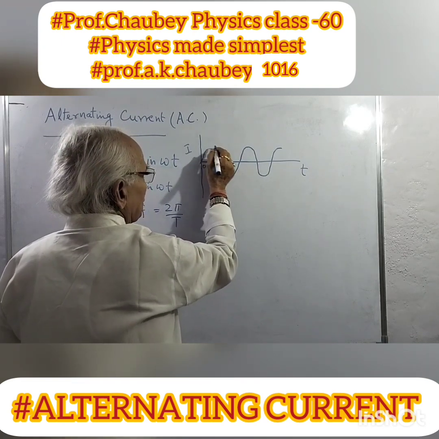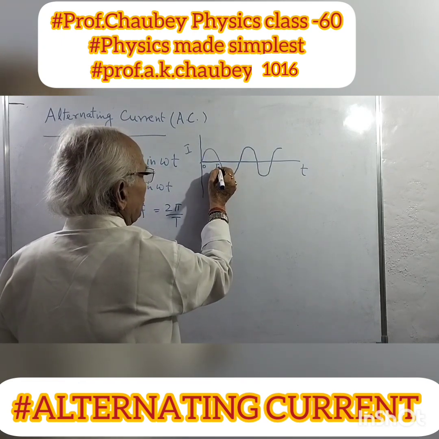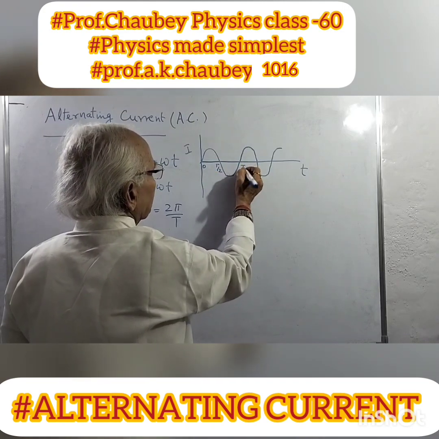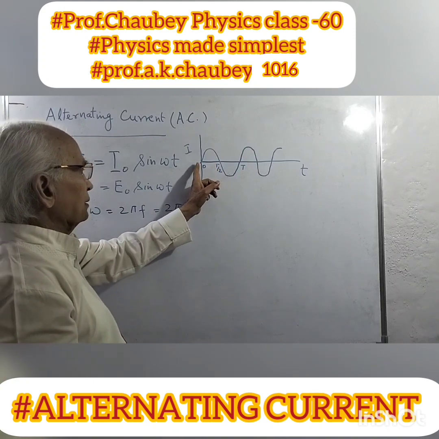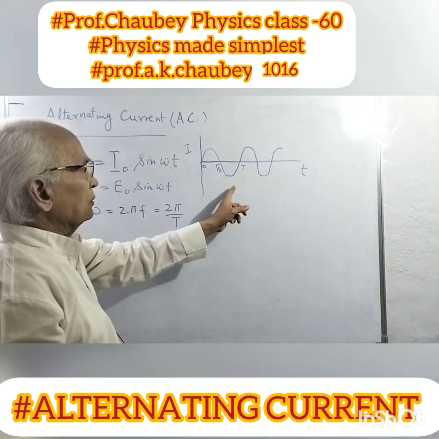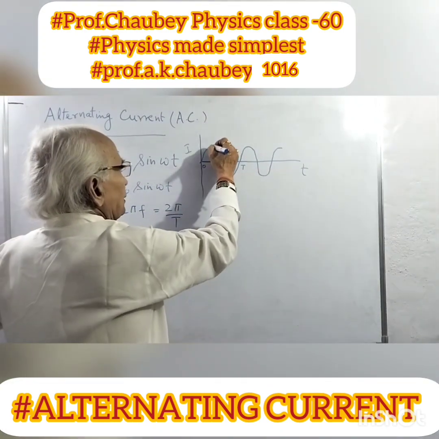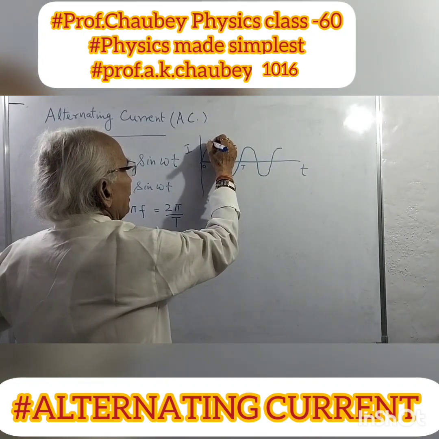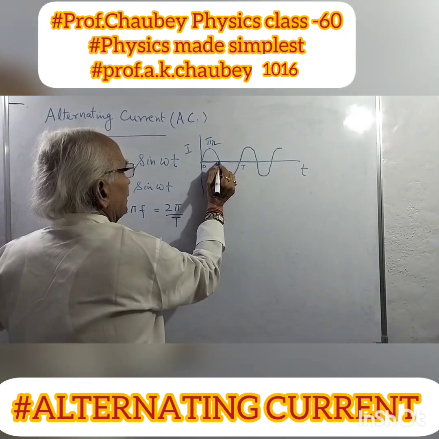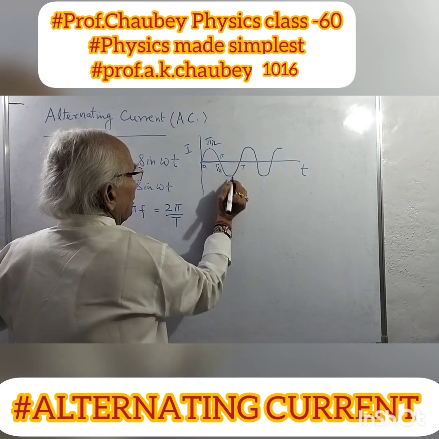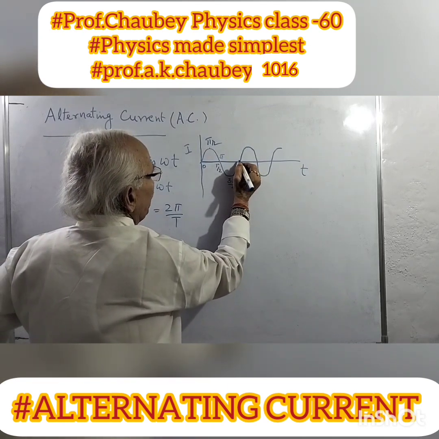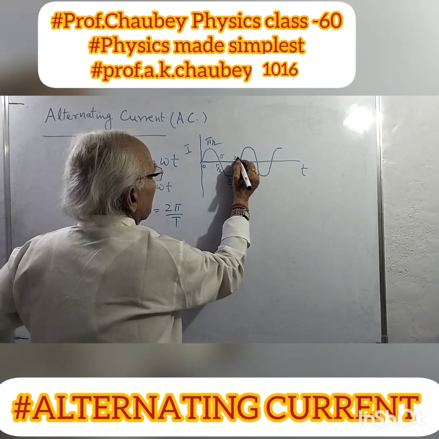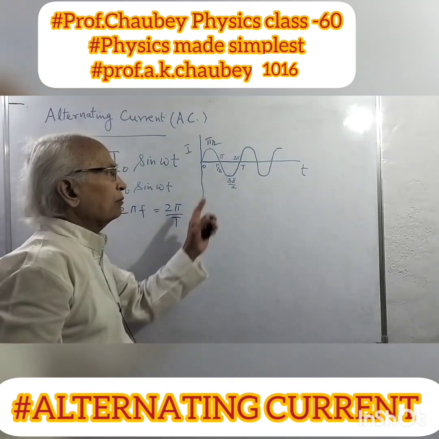This is the half time period, T by 2, and this is T. And remember that you can get the angle here. This is the complete angle 2 pi. The angle here is pi by 2, the angle here is pi, here 3 pi by 2, and here 2 pi. So 2 pi means one complete cycle.